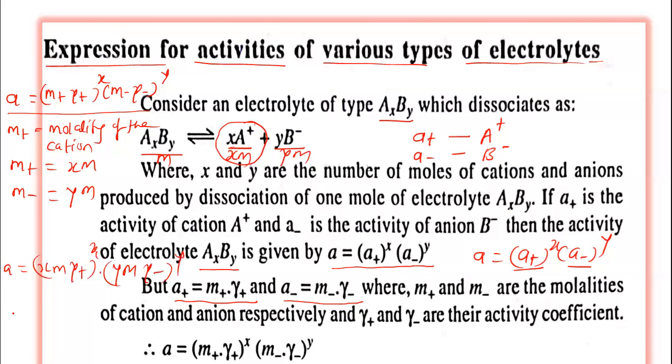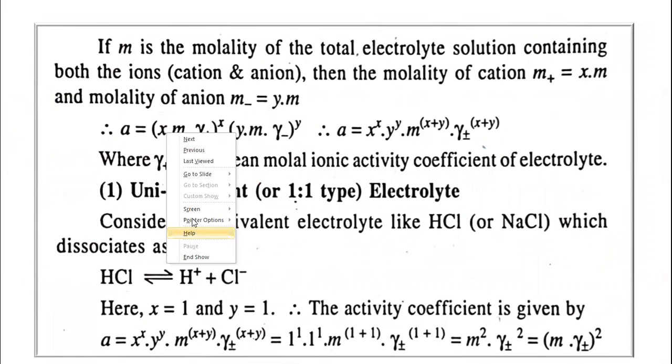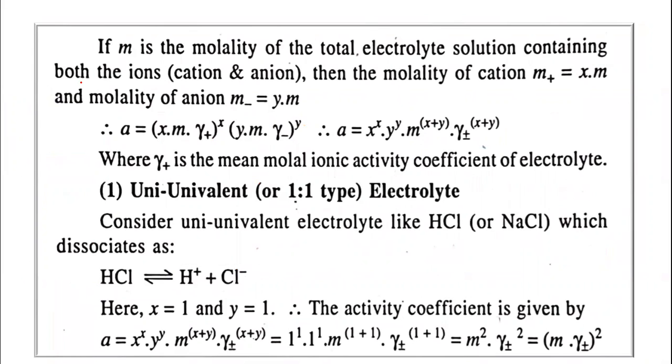Let us simplify this. So you can see here, activity is equal to X into M into gamma plus raised to X, into Y into M into gamma minus raised to Y. This is the total activity of the electrolyte.